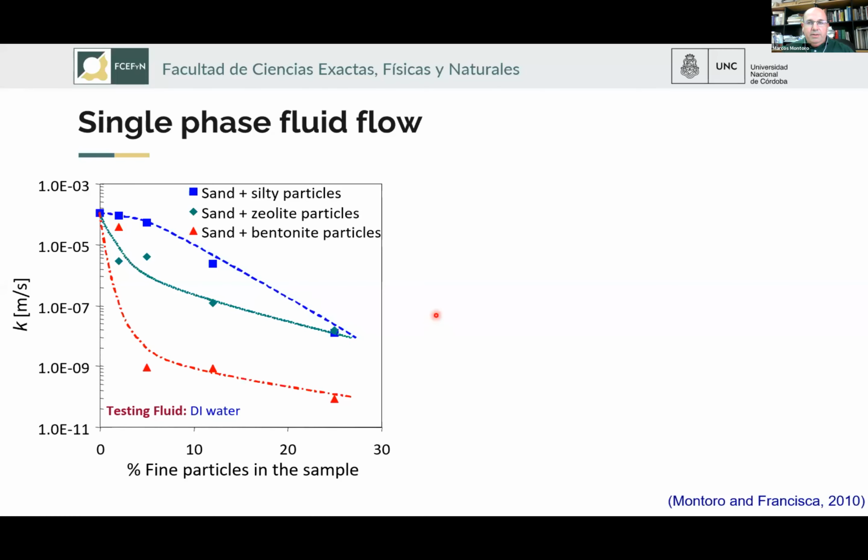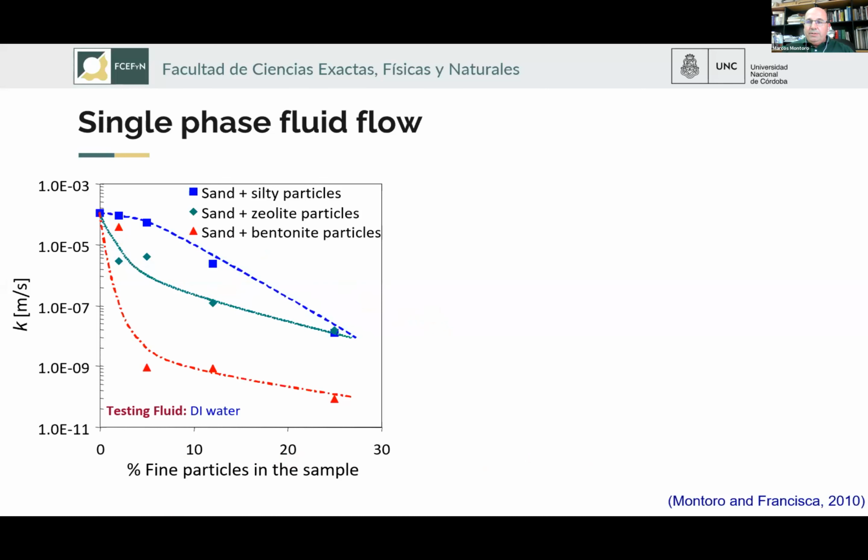In this slide, you can see one of the typical results we obtained during single-phase fluid flow tests. In this case, we show the change of hydraulic conductivity of coarse sand specimens having different amounts of fine particles.